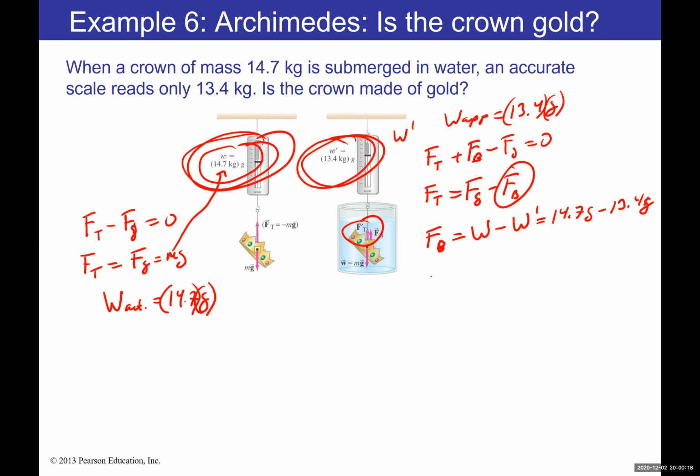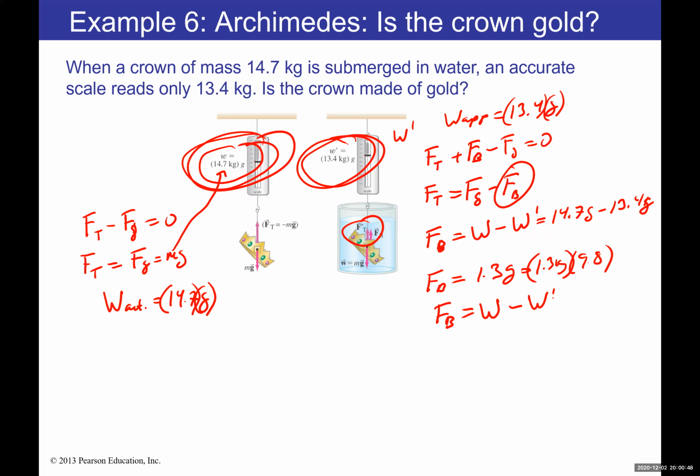That means the buoyant force is just 1.3 times g, or 1.3 kilograms times 9.8. So the buoyant force is the actual weight minus the apparent weight.